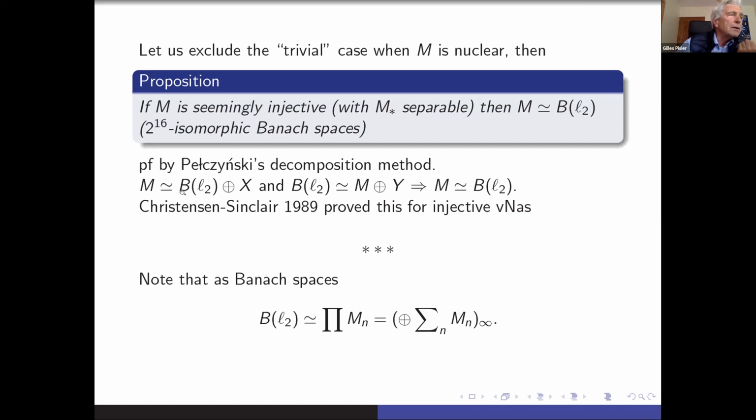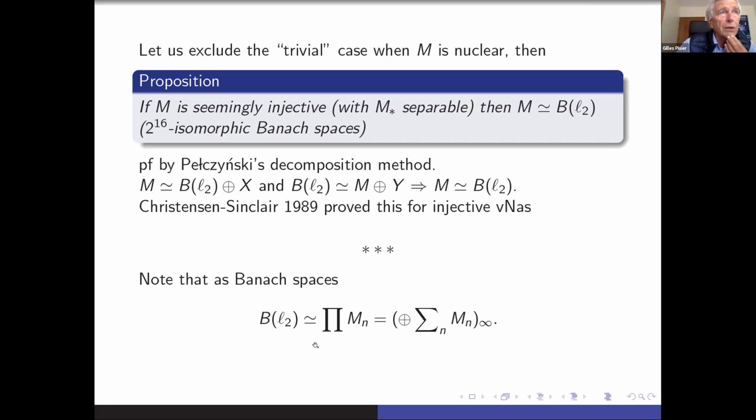On the other hand, M is a von Neumann algebra, and it's not nuclear, and it is a well-known classical result of Simon Wassermann that in that case, M contains as a von Neumann subalgebra the direct sum of infinitely many copies of the matrix algebras, with direct sum over all the sizes of the algebra. And this guy here, as a Banach space, is isomorphic to B of L2.